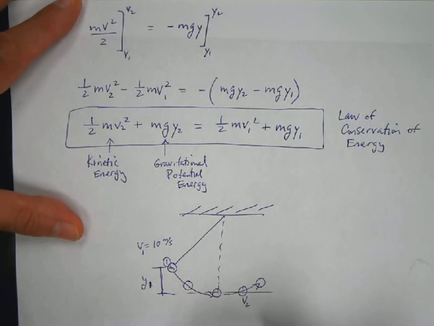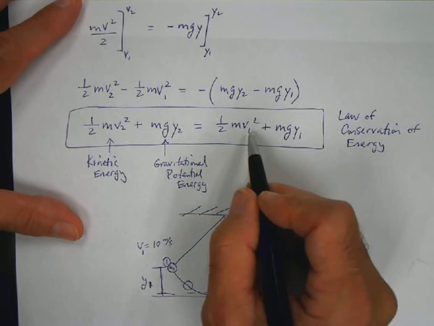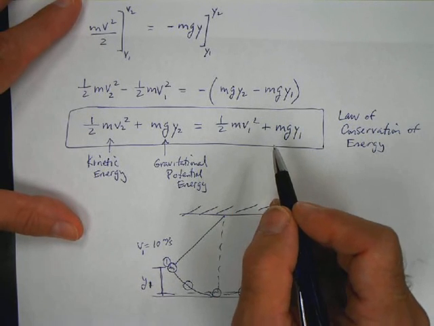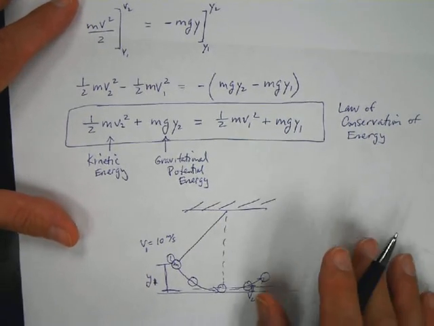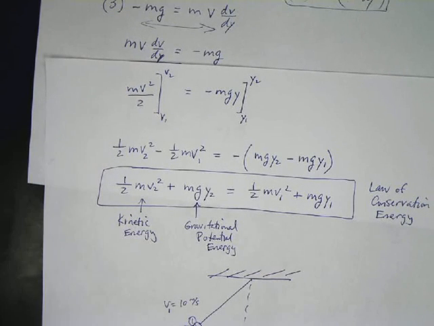But let's say we wanted to find out what the velocity would be here. We'd call the velocity v2. And if we knew the height at that point above our baseline, we could use this equation here to figure out the unknown, either the unknown height, the unknown velocity, or whatever.